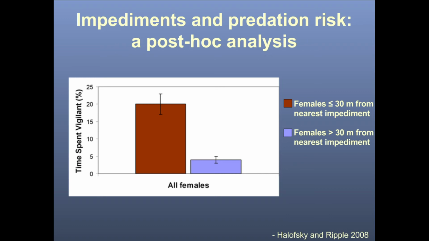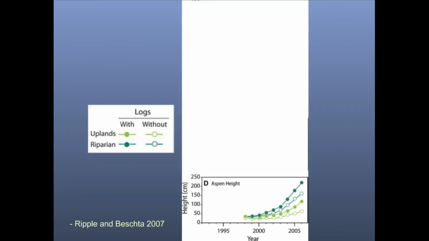Now, it's not that 30 meters is a magic number, and it's not that all female elk tend to be vigilant all the time within 30 meters, but it is, again, consistent with the observations of plant response. It's just a potential mechanism to help explain the pattern. The last one I want to present is from a Ripple and Beschta study in 2007. They looked at riparian areas and uplands for aspen growth.